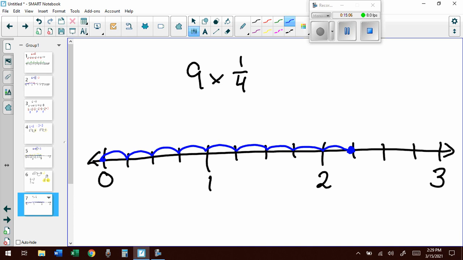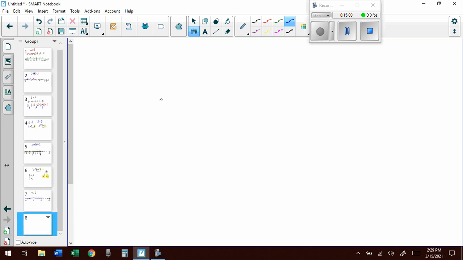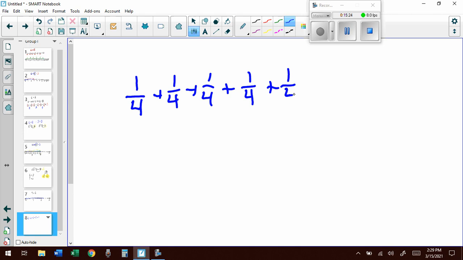If we were to show this as an addition sentence, we would see 1/4 plus 1/4 plus 1/4 plus 1/4 plus 1/4 plus 1/4 plus 1/4. How many is that? 1, 2, 3, 4, 5, 6, 7 plus 1/4 plus 1/4. So we have 1/4 9 times.